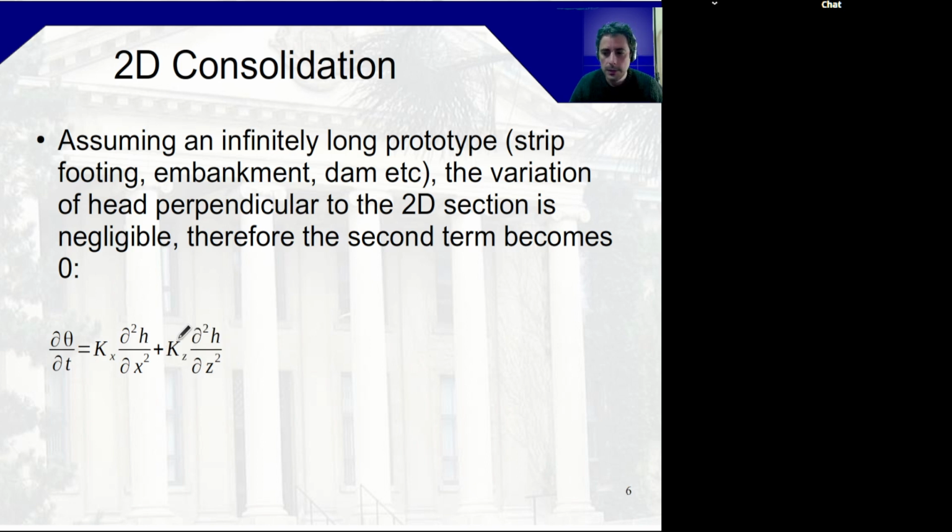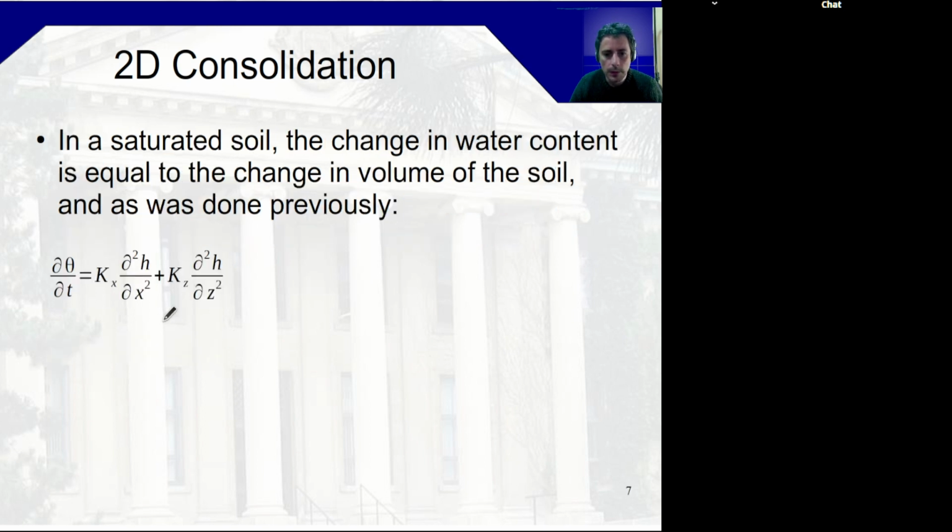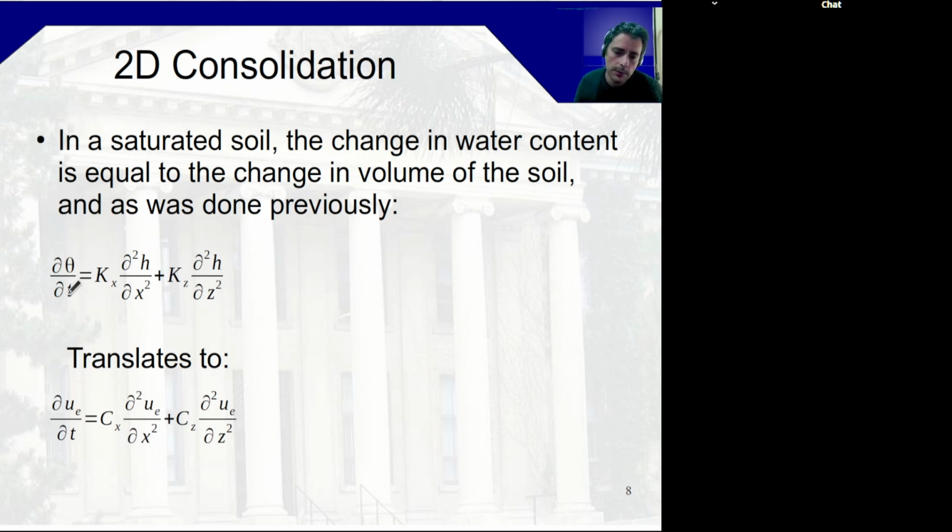If this is the case, then we can rewrite the equation like that, and following the same logic that we used last time, we can express it in terms of changes in excess pore pressure with a coefficient of consolidation that is different in the horizontal and vertical direction. So this is the formula that we have to use this time to be able to solve our problem.